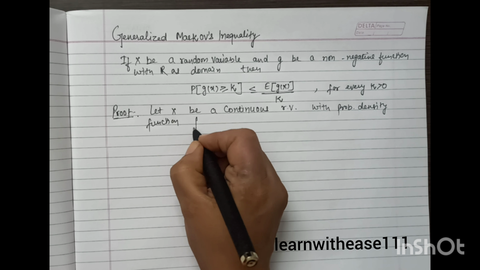Then by definition of expectation, it is like this. And since g is a non-negative function too, x here is a random variable, it is not mentioned here. The x is taking only non-negative values, so that's why the integral will run from minus infinity to infinity.